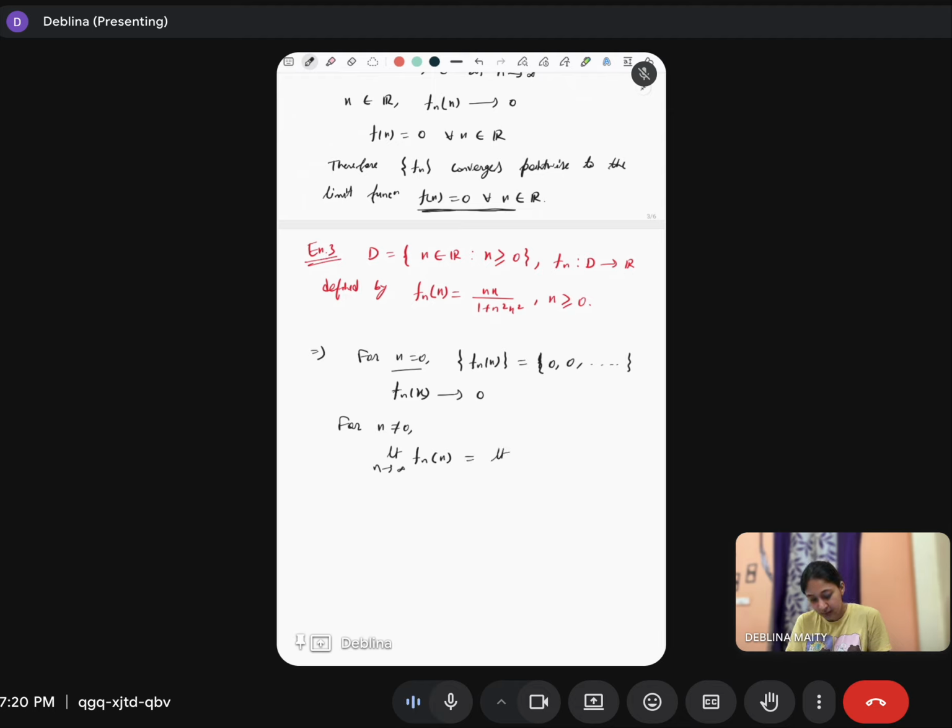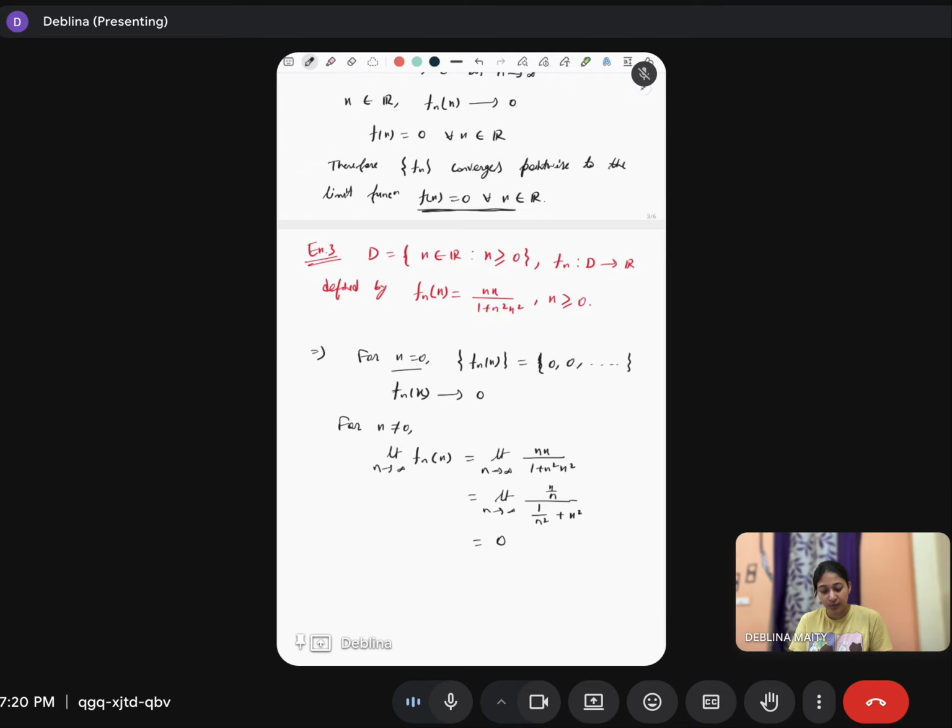This is nx over 1 plus n square x square, which is equal to, if we divide by n square, then we have x by n, and so it is going to be 0 when n goes to infinity.